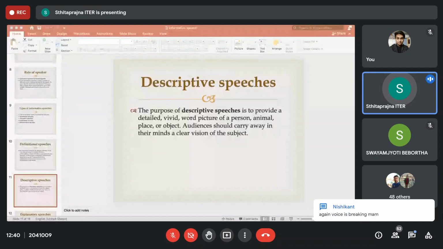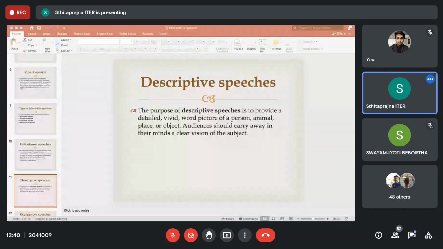Like the other day we were discussing about apple, if you remember. You know, crunchy apple. So that makes it very vivid. Just adding an adjective to apple makes the picture.